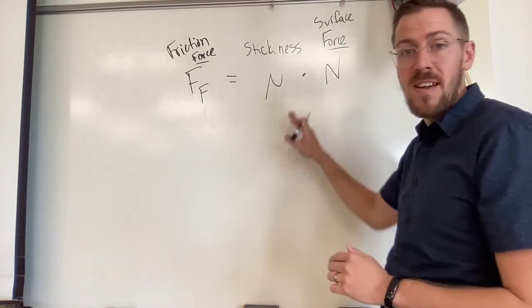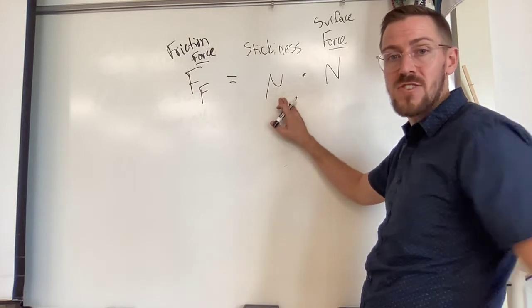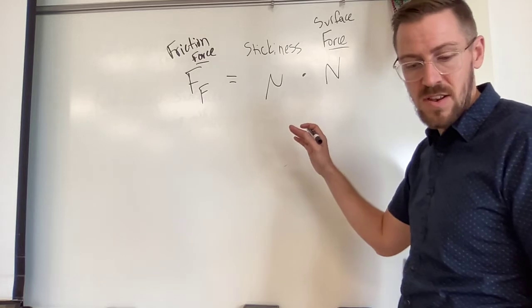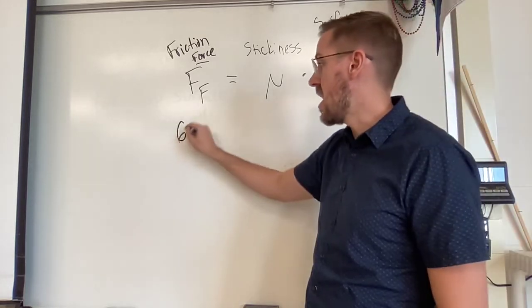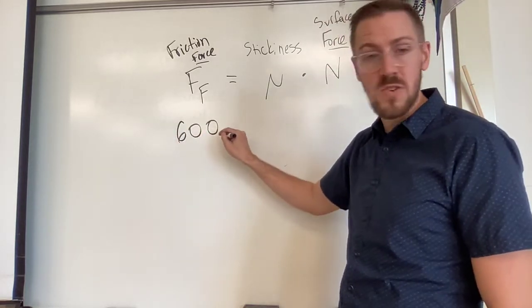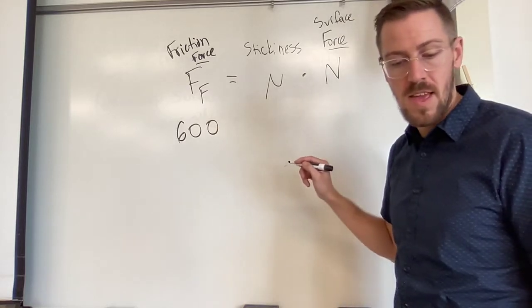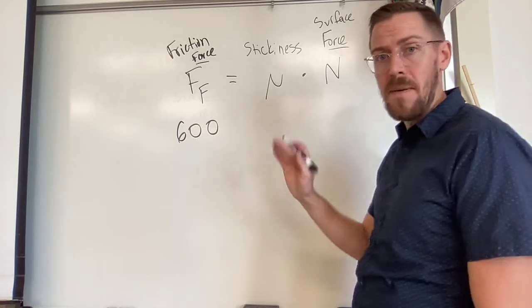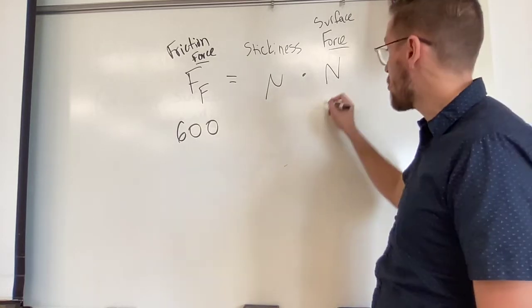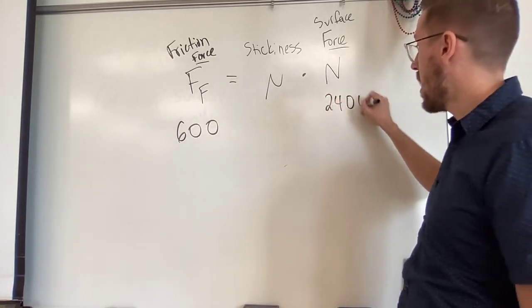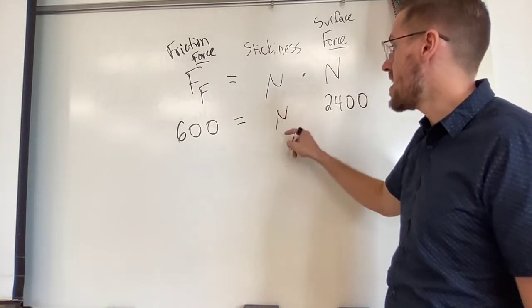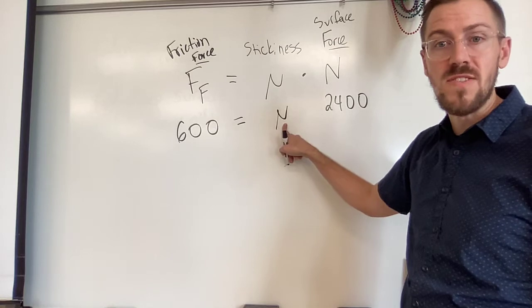The first kind would be finding the coefficient of friction. If I told you that the force of friction was 600 newtons, and the normal force, the force down on that surface, is 2,400 newtons, then the only thing you don't know is that Greek letter, mu, the stickiness.